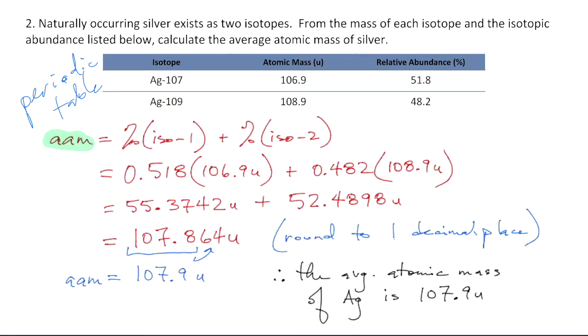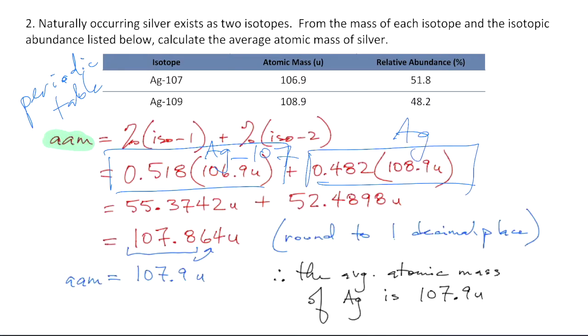Remember, percentages into decimals. Here we have the first isotope, silver-107, and this is silver-109.